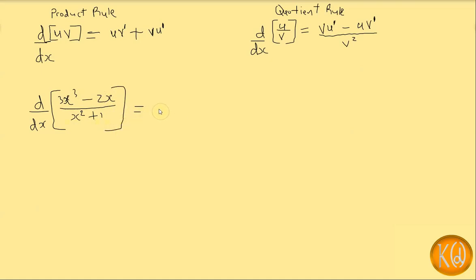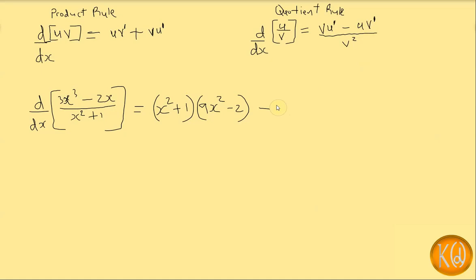Now if you can recall, our u would be 3x cubed minus 2x, and our v would be x squared plus 1, so it's x squared plus 1 times the derivative of the numerator, which would be 3 times 3, that's 9x squared minus 2.